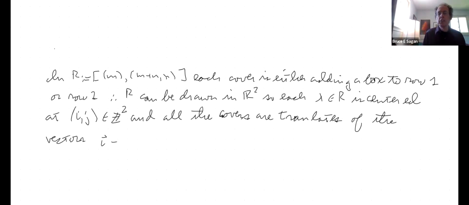Here i and j are as usual: i is the unit vector along the x-axis, j is along the y-axis. I'm going to call the vector i plus j u for up, and i minus j d for down.